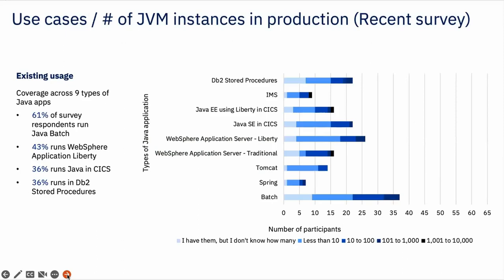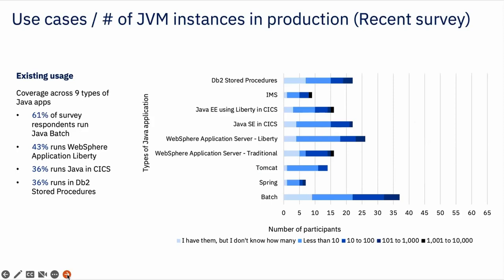There's a list here of popular use cases being used by existing clients using Java, and the number of JVM instances, as the blue color coded on the right-hand side, and how many of those instances they have for each type of workload. They range from key middleware usage, like the popular WebSphere Application Server, Liberty, CICS, IMS, and Db2 workloads, and other types of Java applications in Batch or Tomcat or Spring.